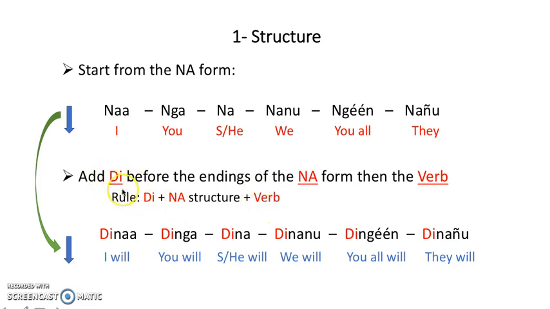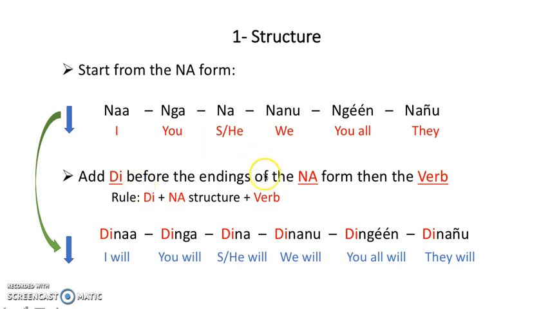And because of this, now this is how the verbal structure of the future will look like if you have not added already the verb that you are conjugating. So dina means I will.